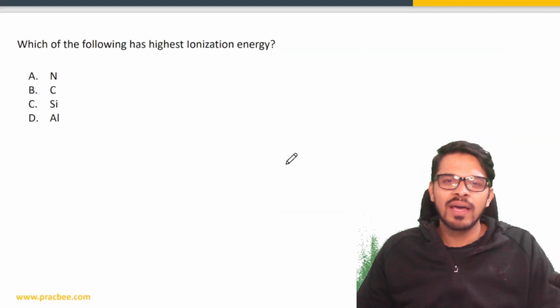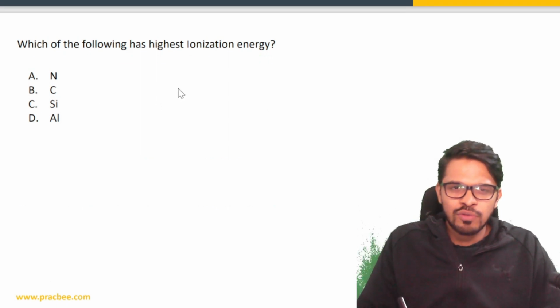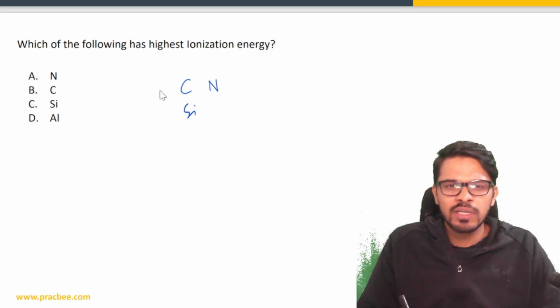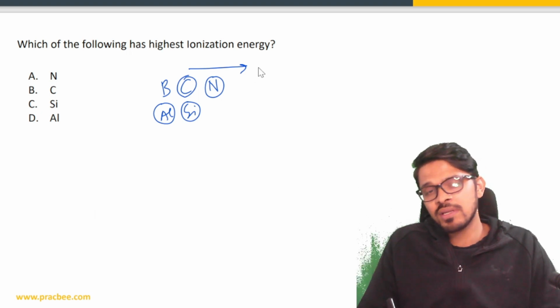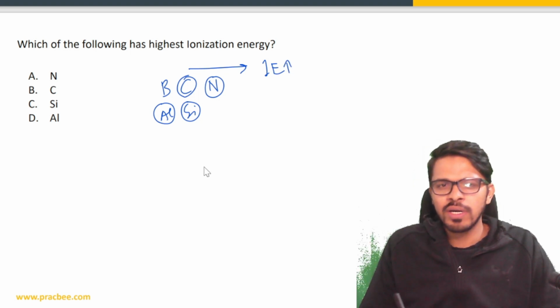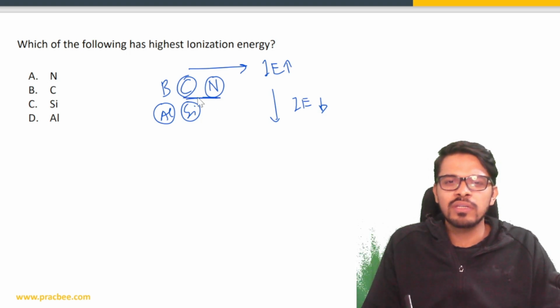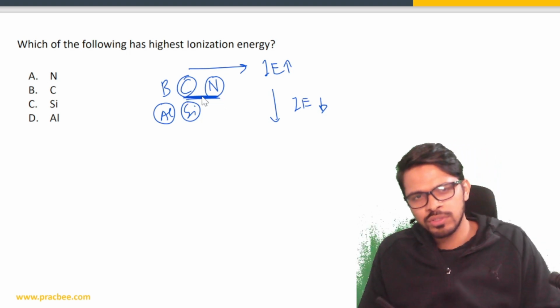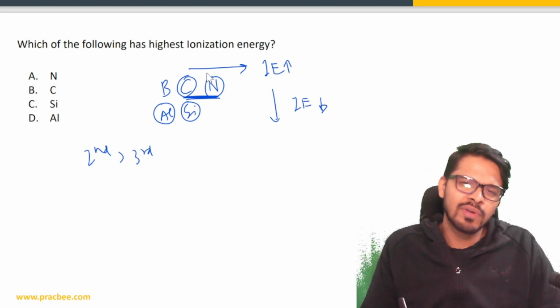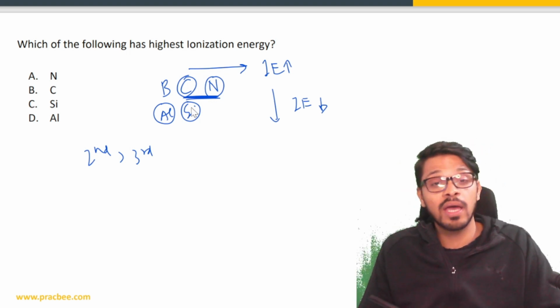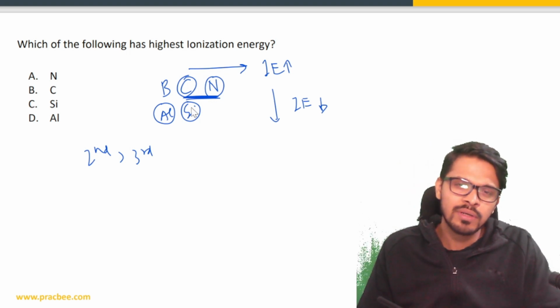Which of the following has the highest ionization energy? So we have carbon, nitrogen, silicon, and aluminium as well. Ionization energy in a period increases as we go from left to right, and as we go down, ionization energy decreases. So the ionization energy would be highest either for carbon or nitrogen, because the second period is better than the third period, and obviously nitrogen has higher ionization energy as compared to carbon.